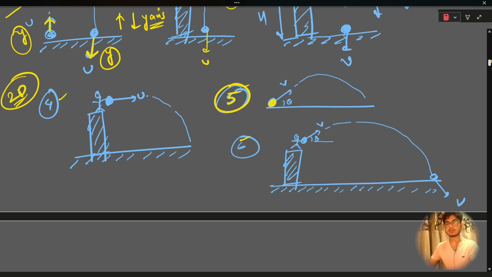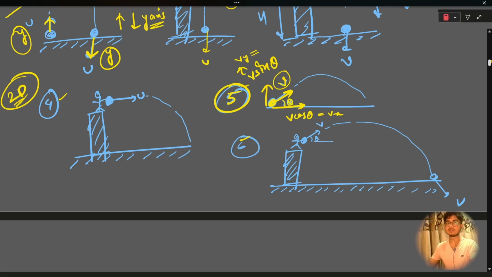Now, this is a particle launched with velocity v at angle theta. What does this mean and how is this 2D? When there's a velocity v with an angle theta, this is basically the resultant. And for a resultant, we can break it down into components. This v, we can write it down as v cos theta and v sin theta. If you have studied vectors, you know this. This is velocity in x direction and this is velocity in y direction.